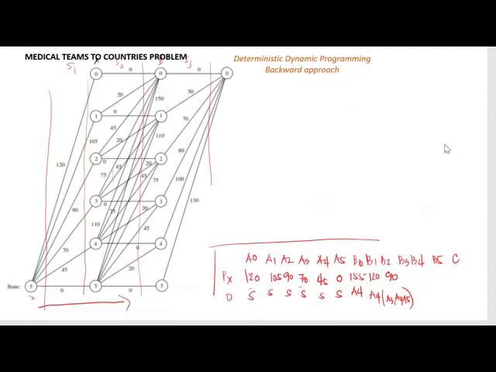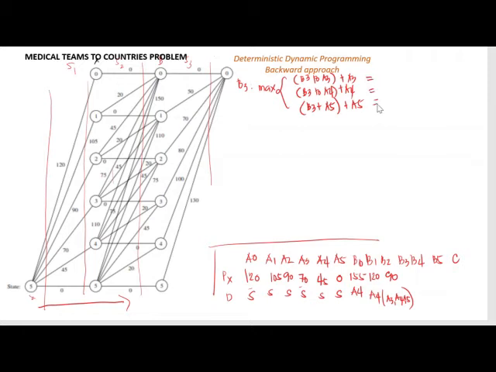Next, let's get B3. B3's connections. So, still the maximum of all the connections of B3. B3 to A3 plus A3, B3 to A4 plus A4, B3 to A5 plus A5. Okay?